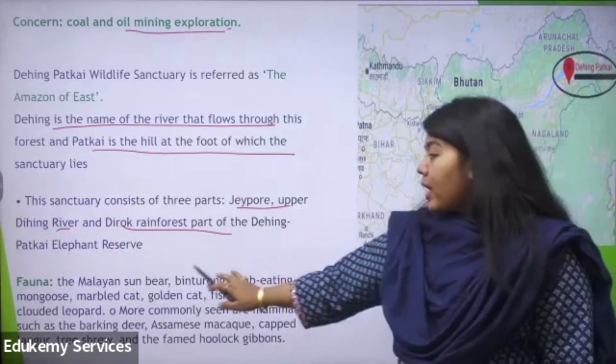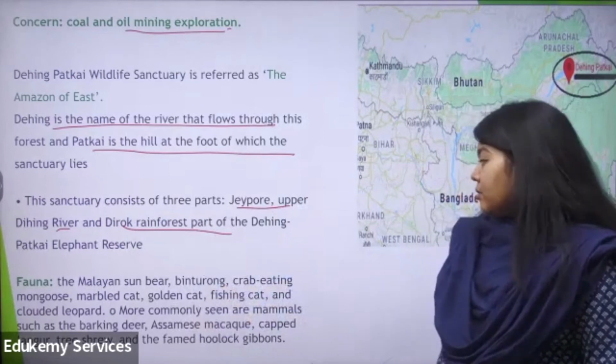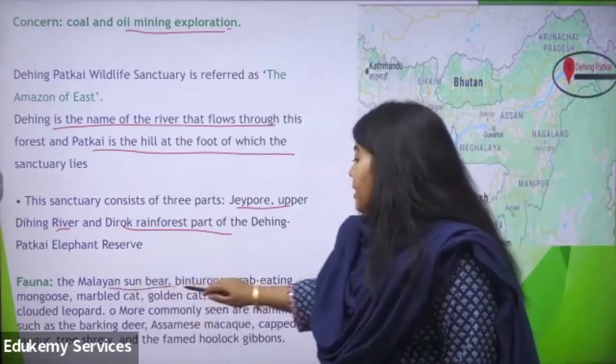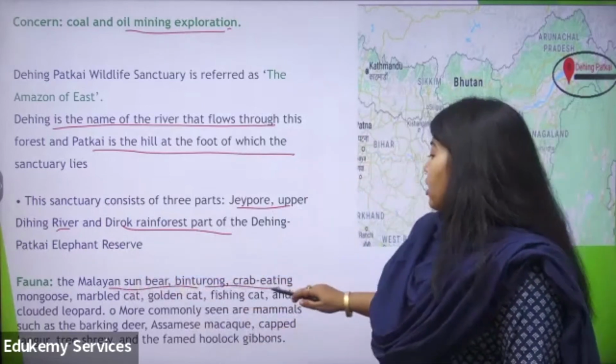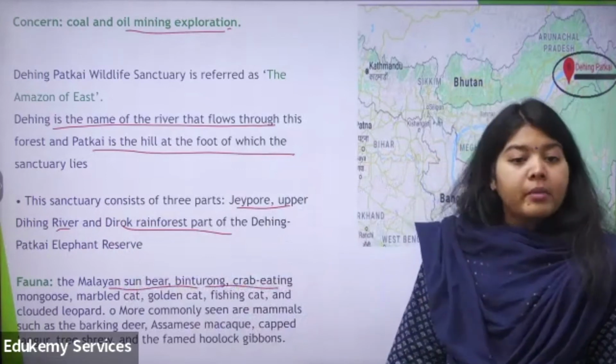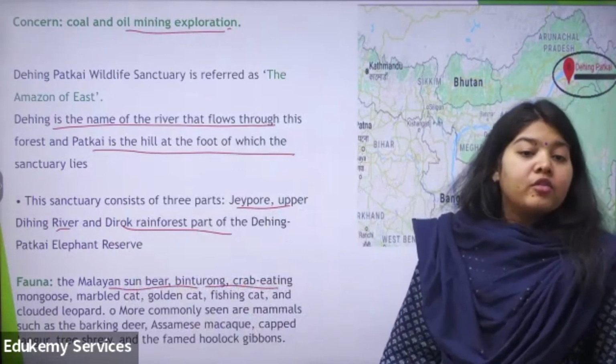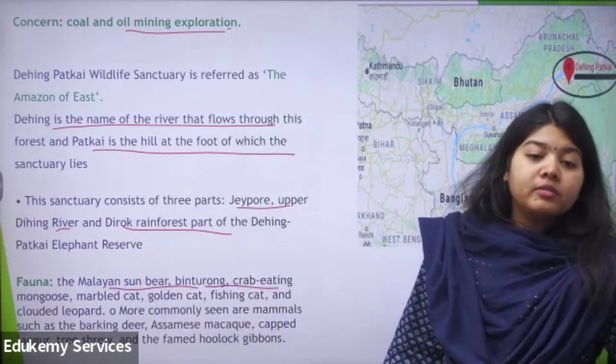What are the important animals? You have Malayan sun bear, binturong, crab-eating mongoose, marbled cat, golden cat, fishing cat, clouded leopard.